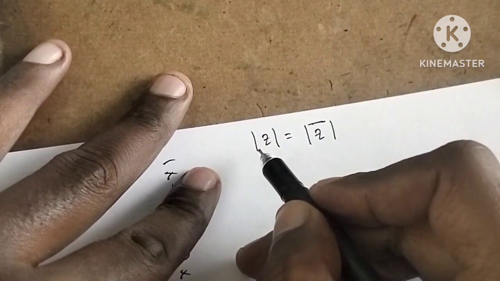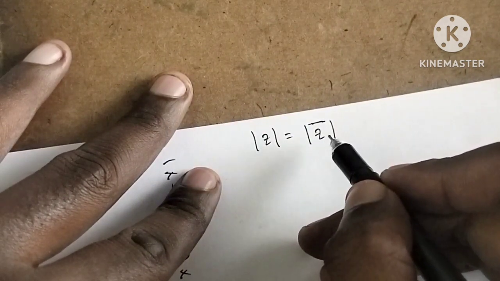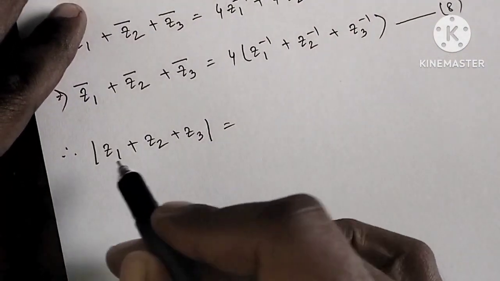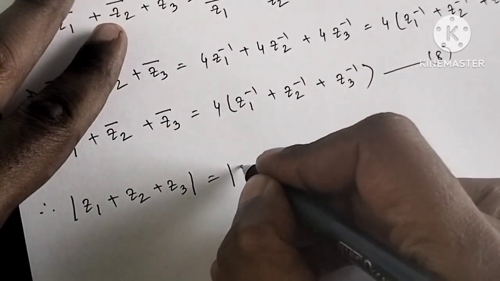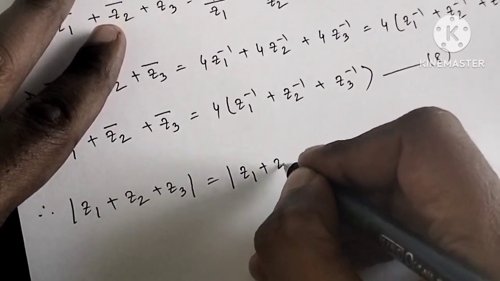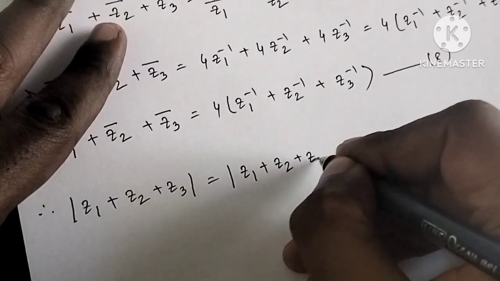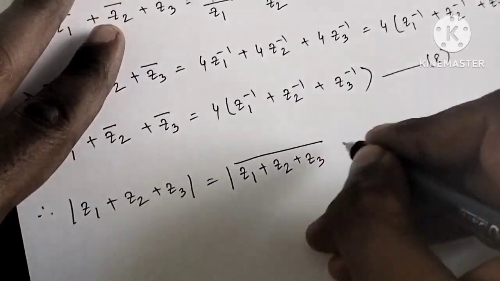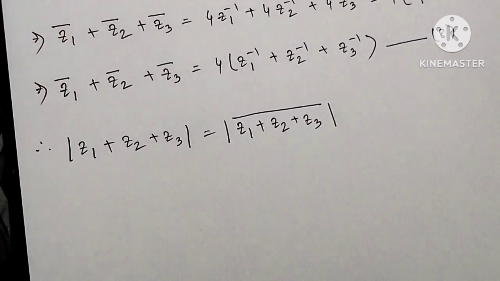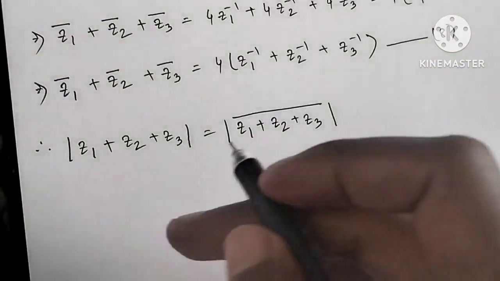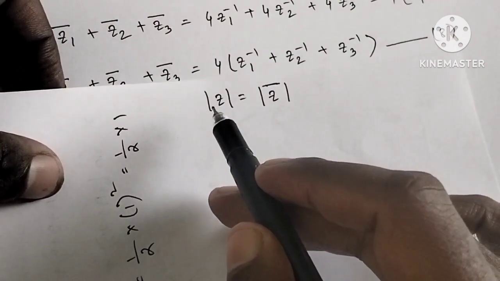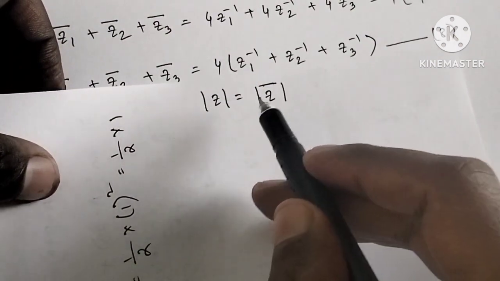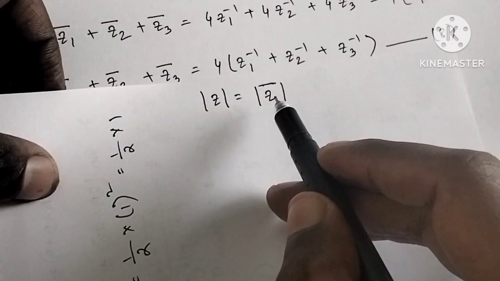The value of mod of z is the same as mod of z conjugate.